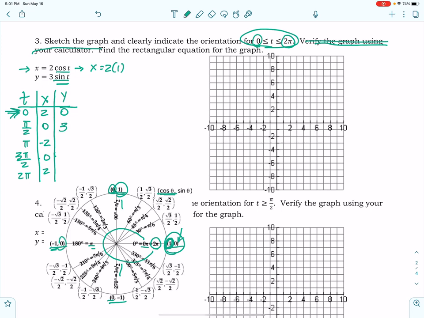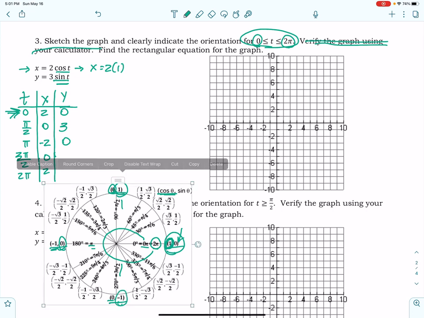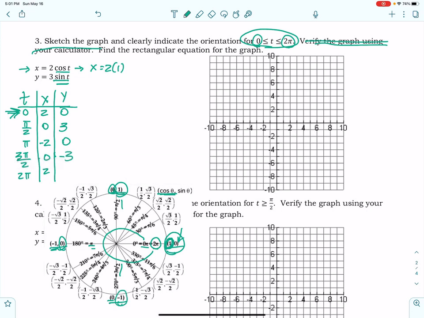And then at pi, it's 0 again for the y value, so 3 times 0 is 0. And then when we get down here to 3 pi over 2, it's -1. 3 times -1 is -3. And then at 2 pi, it's 0 again, so 3 times 0 is 0.